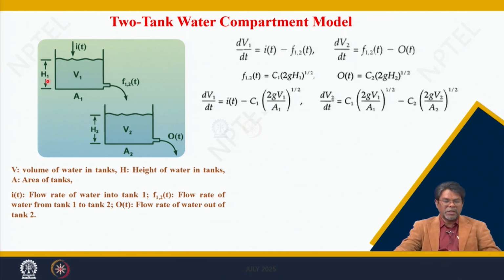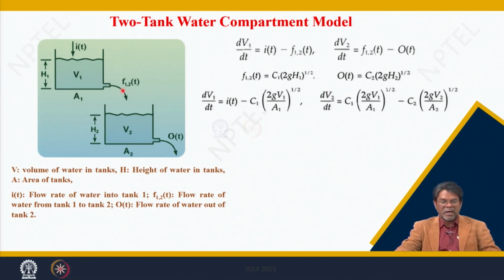The flow of water into tank 1 minus the flow of water from tank 1 to tank 2 indicates the change in volume of tank 1 per unit time. So, I(t) is the inflow of water in tank 1 minus F1→2(t), the outflow of water from tank 1 to tank 2 with time.